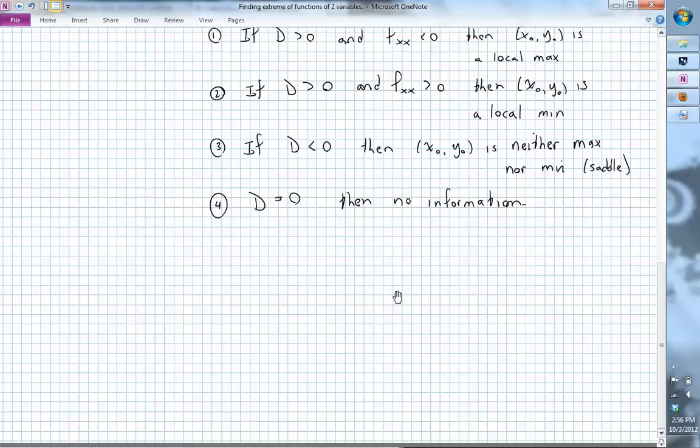All right. So here's a straight up dry mathematical example. Let's look at the following function. And let's find and classify the extreme values.